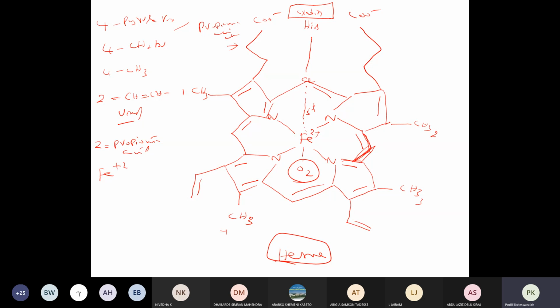At the center of the 4 pyrrole ring system, the iron is present in its +2 oxidation state. It can form 6 coordination bonds: 4 valencies are satisfied by the 4 nitrogen atoms of the pyrrole rings, the 5th valency is occupied by the imidazole nitrogen atom of the histidine present in the globin chain, the protein part, and the 6th valency is meant for oxygen binding. So in the deoxygenated state it is empty, and in the oxygenated state, oxygen binds here.